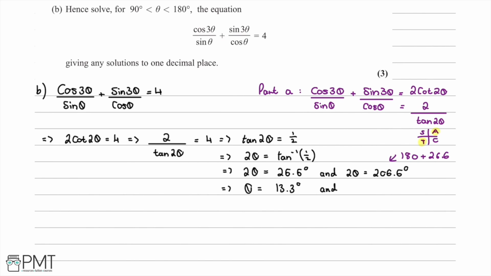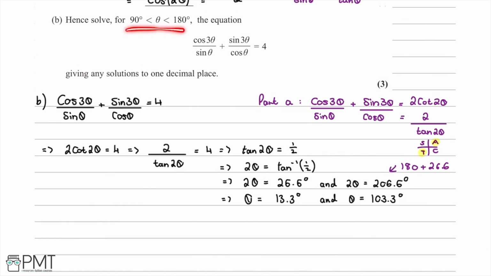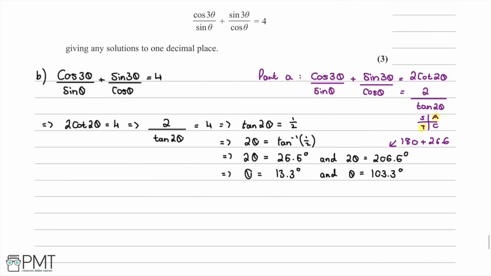And then we divide 206.6 by 2, which comes out as 103.3 degrees. And we remember in the question we were solving for theta between 90 and 180. So therefore we can say that 13.3 is not a valid solution because it's out of range. But we see that theta being equal to 103.3, that's a valid solution.